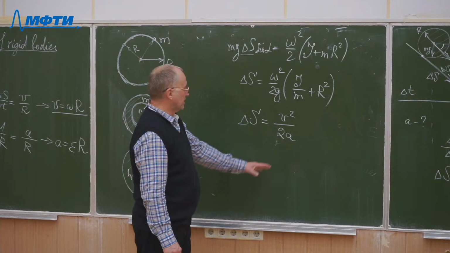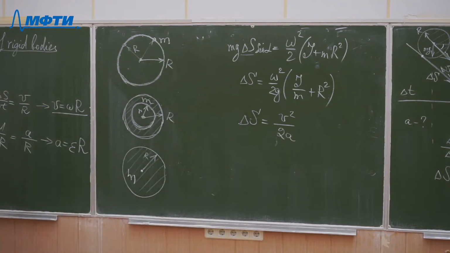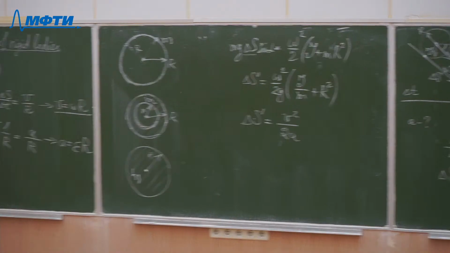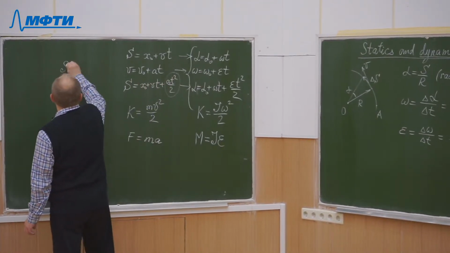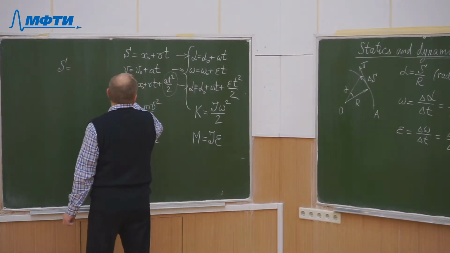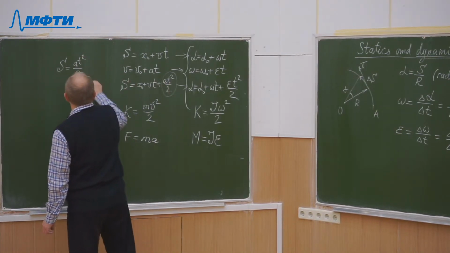A well-known formula from kinematics. This formula can be obtained from here. If we take only this term, then the displacement will be equal to a t squared over 2.